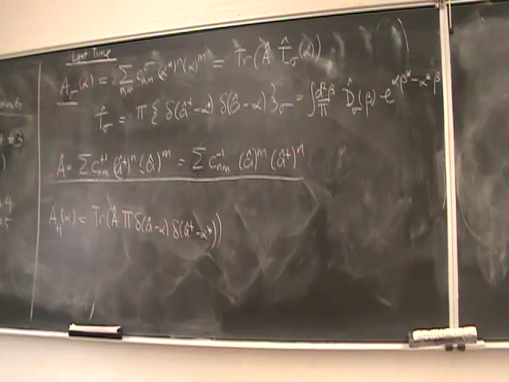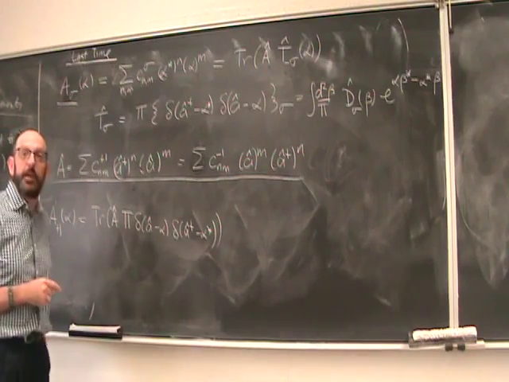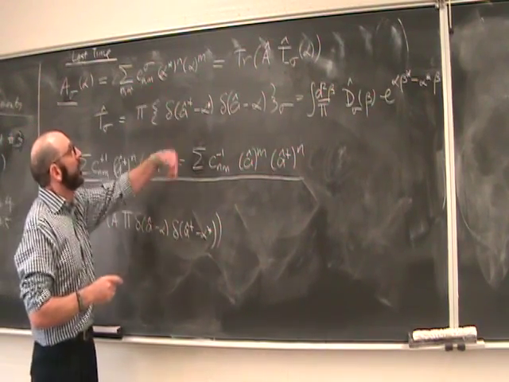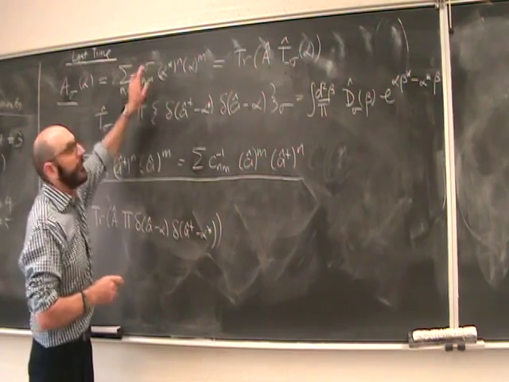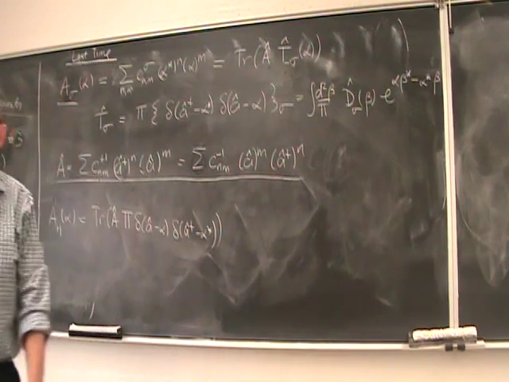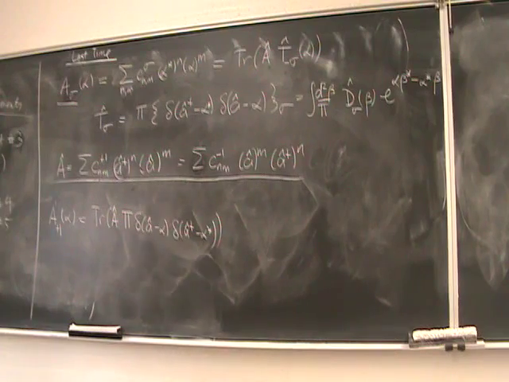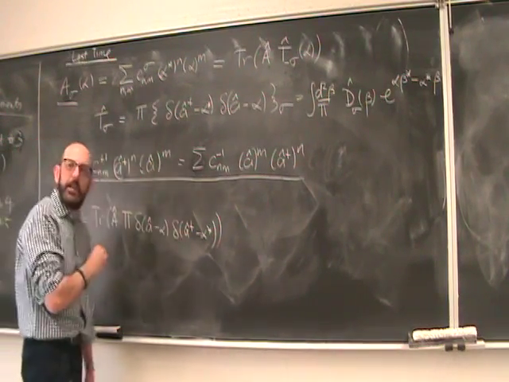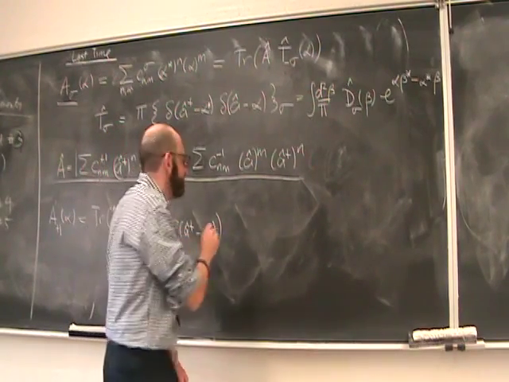That should pick it off. Now let's see that it works, that when I do that trace I'm going to return the normally ordered coefficient. So I'm just going to plug in this equals that. That's what I did last time.